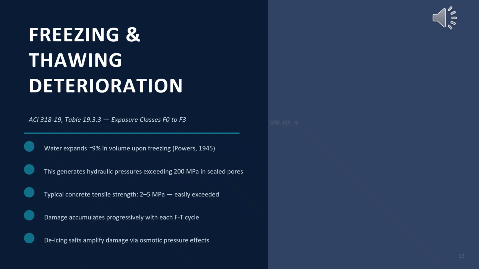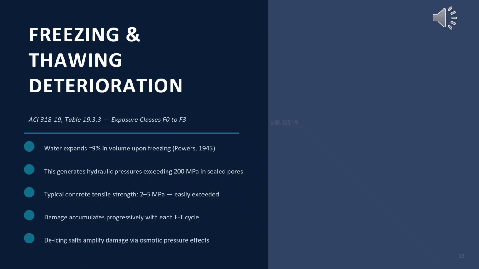Now, that seems like a small number, but when water is confined within the rigid pore structures of hardened cement paste and has nowhere to go, that 9% expansion generates hydraulic pressure that, according to T.C. Powers, could theoretically reach 200 megapascal in a sealed pore. Concrete's tensile strength is 2 to 5 megapascal. So this is an enormous mismatch.